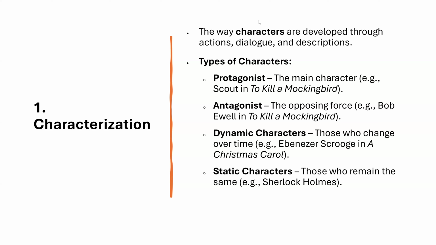Like Ebenezer Scrooge in A Christmas Carol, and we have the static characters who remain the same across time and seasons, as it were. An example of that would be Sherlock Holmes.